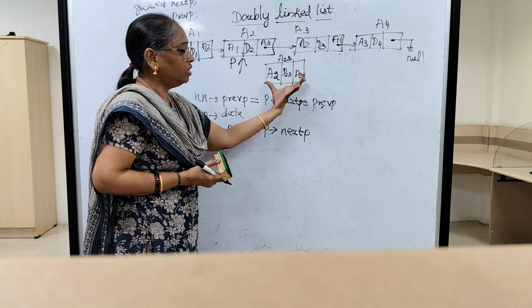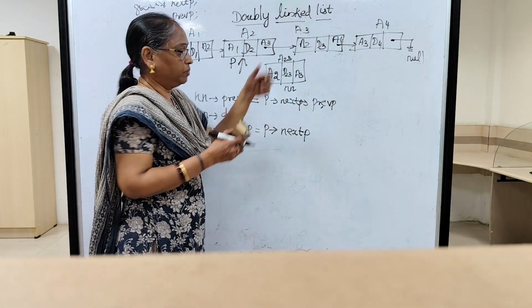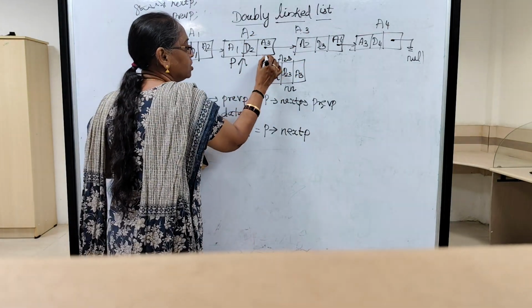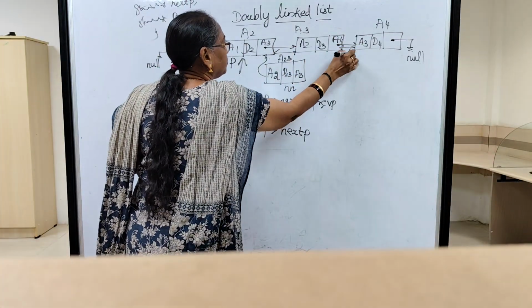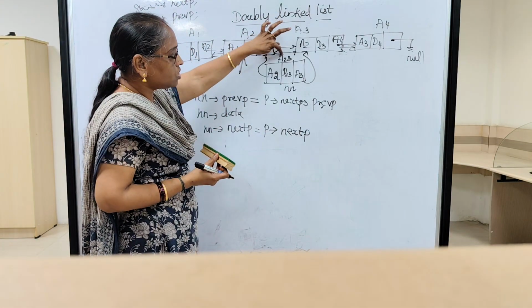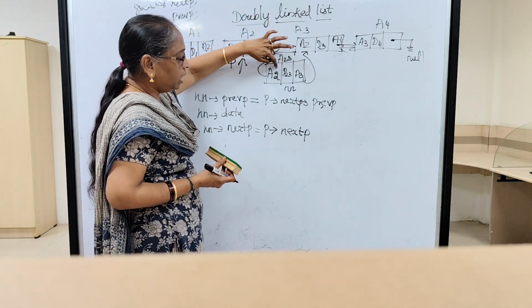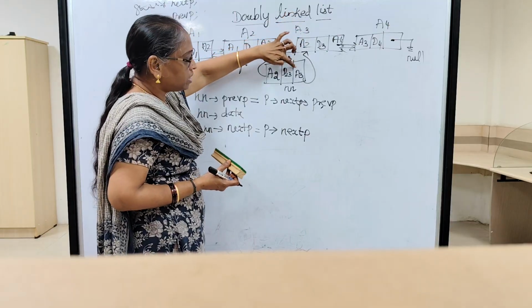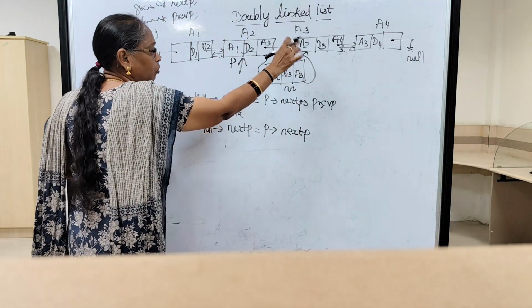So hereafter this node, the previous node will be A2, the next node will be A3. Okay, so this will be existing. And this next will be existing. Now I need to change these two pointers. That is, the next node of A2 should be this A23 and the previous node of A3 should be this A23. So how can I do that? I have to break this and I have to update.